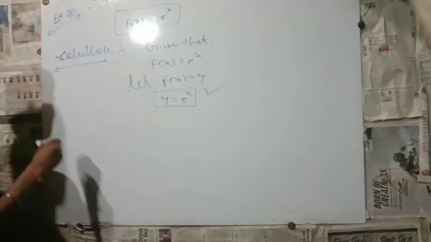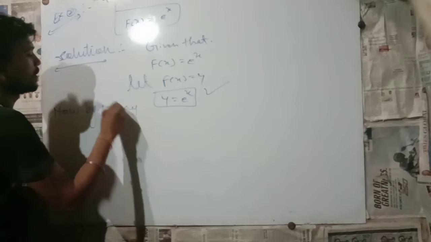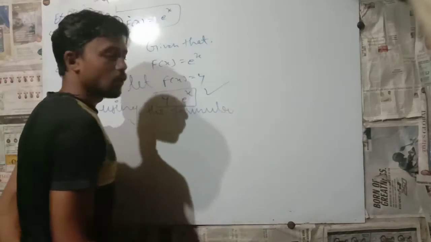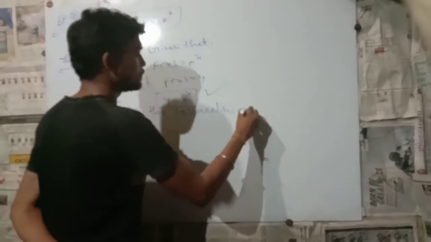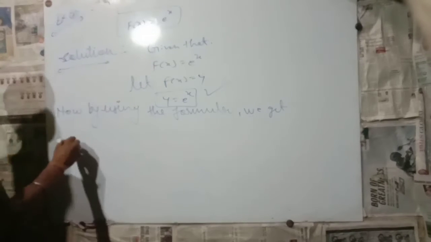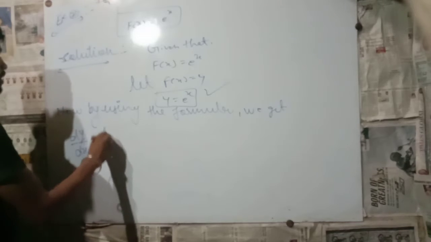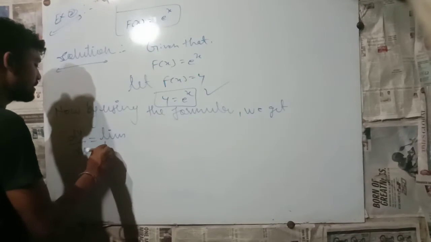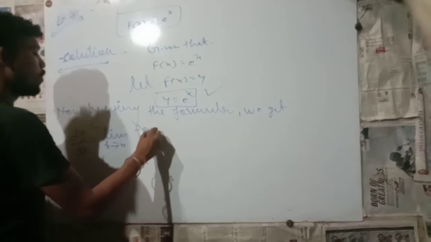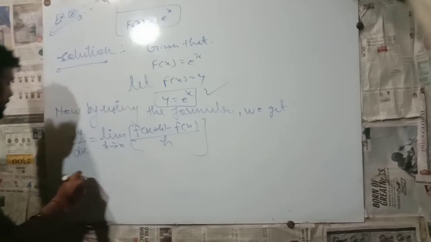Now, using the formula, first order principle, and that formula is that dy upon dx is equal to limit h tends to 0 of f of x plus h minus f of x upon h.